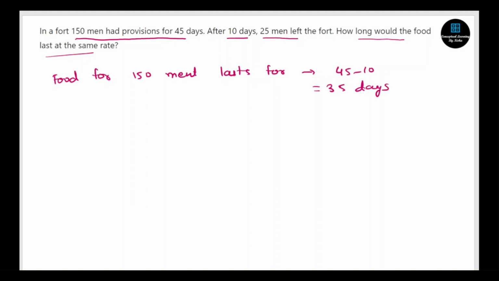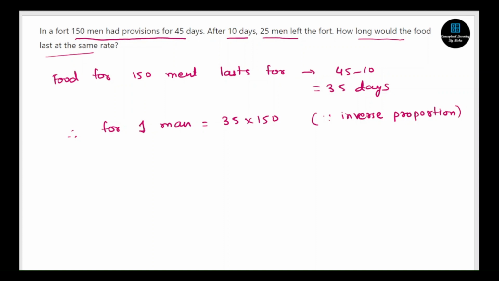Alright. Now, for one man we'll find. Therefore, for one man it is 35 times 150, because they are inversely proportional. Right?